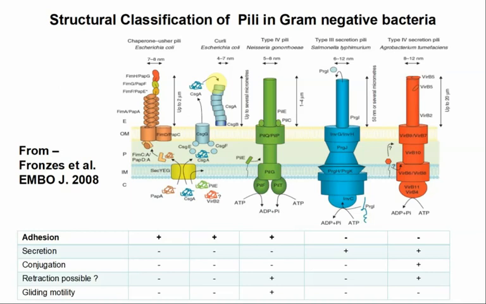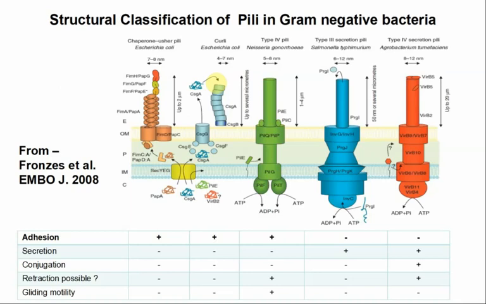Now, type 4 pili, also complicated structures with a big structure that spans the plasma membrane, the periplasm, and the outer membrane. But in this case, the filament proteins are added at the base here. So they're added here, and then this will push up the whole filament. So the filament can be extruded.